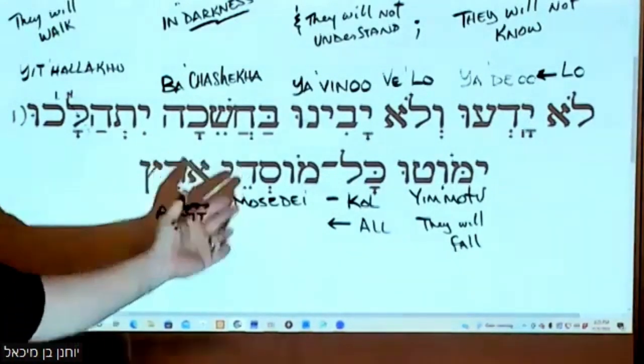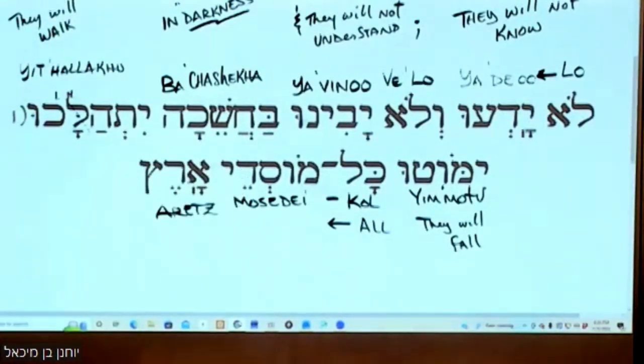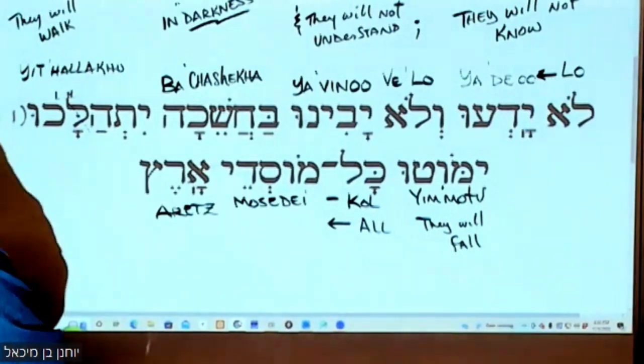The yud could be a suffix because that would mean what? If it was, it would be personal ownership. It's an infix because it's all something, all something of. And we know what aretz means, right? So what's aretz mean? Earth.